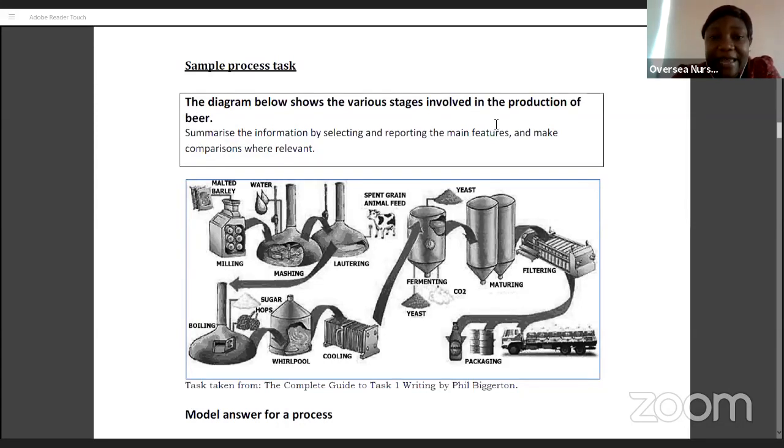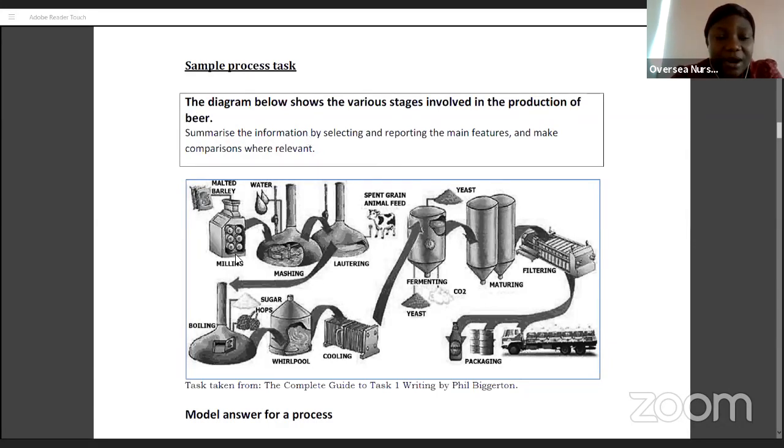So if I say that the given diagram illustrates the steps in the brewing of alcoholic drinks, I am still correct and I'm saying the same thing.